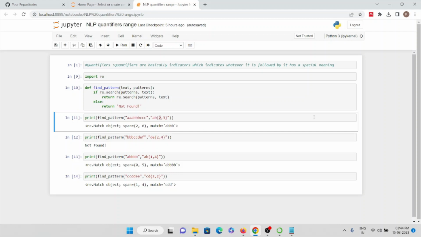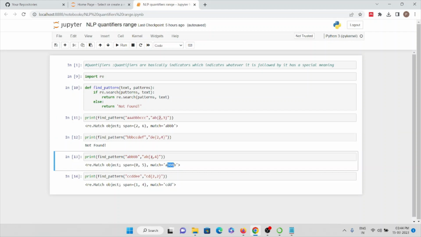So here you can see a match of A followed by B 3 times. Here I have taken the example of A followed by B, where the minimum number of times for B is 1 and the maximum is 4. And here I have taken CD.